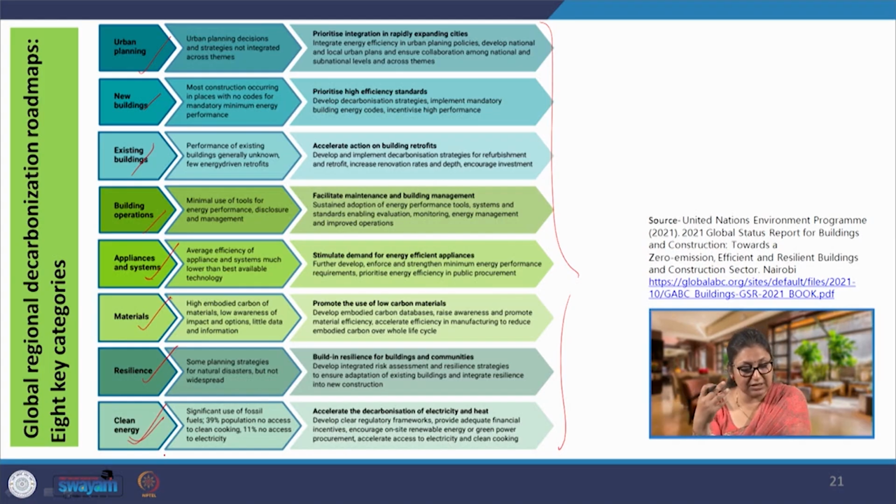Then we have to stimulate demand for energy efficient appliances, and we have to encourage the market for efficient appliances. We have to increase the standards of the appliances also. If you are aware of the BEE star rating, 10 years back we did not have a lot of companies which had their products star rated, but now more and more companies are coming under the umbrella and adopting the scheme.